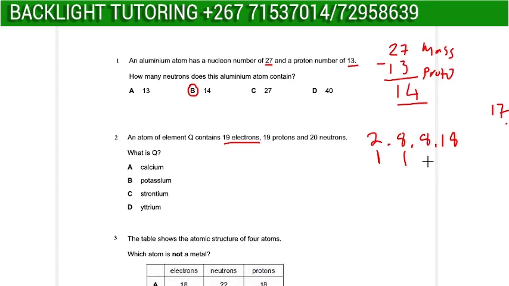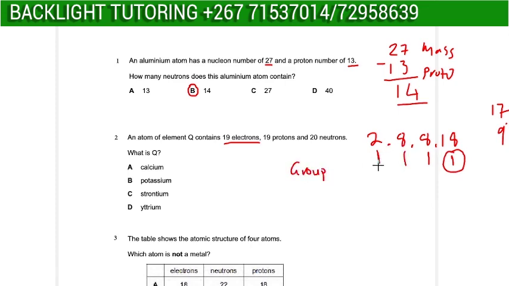So we take another 8 from the remaining 9, we remain with 1. So that 1 shows that the element is in group 1.